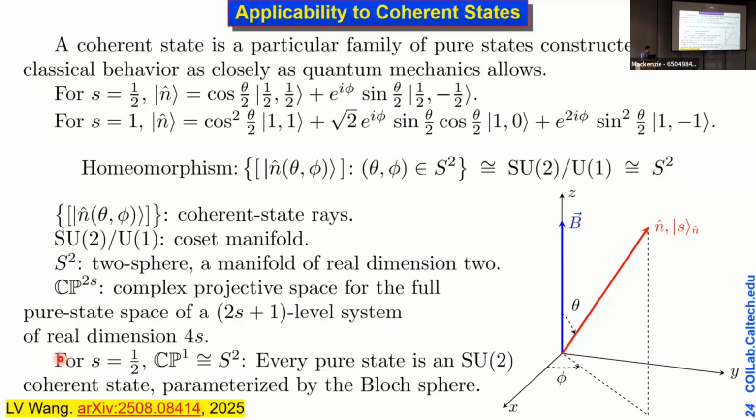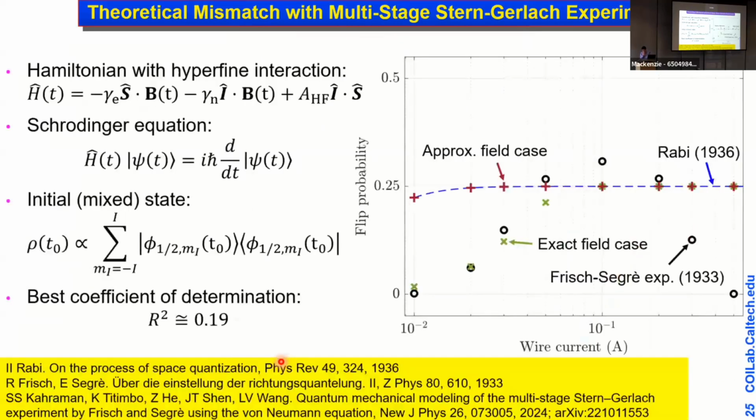But spin half is so important because that's the foundation for qubits. For spin half, pure states and coherent states are synonymous. So that means the classical approach is equivalent to the entire pure state space. Okay. So we can discuss more later about what's going on here.